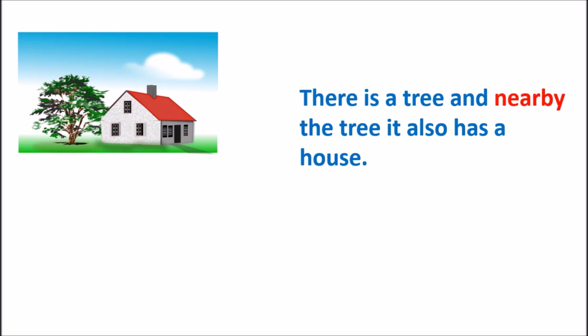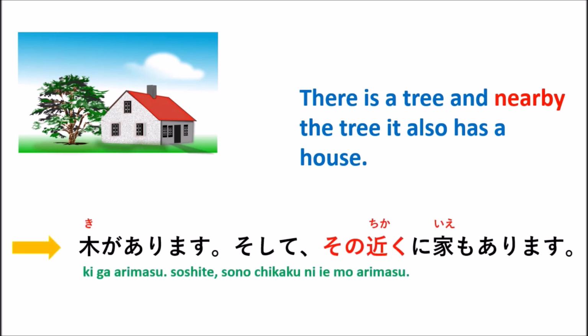At the last moment, we already learned the word nearby. Nearby is sono chikaku ni, right? Tonari means next to, but nearby is sono chikaku ni. So we can create a sentence like this.